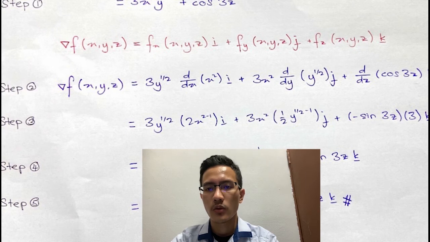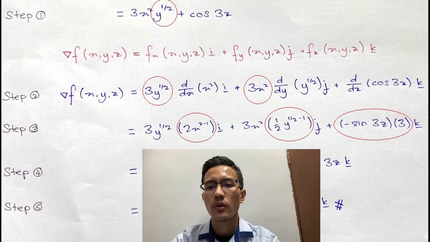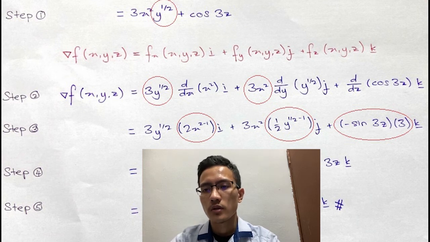In step 3, I will show how to differentiate the x, y, and z variables. For the x variable, after we differentiate it, it will become 2x to the power of 2 minus 1, for the y variable, it will become 1 over 2 y to the power of 1 over 2 minus 1, and for the z variable, it will become minus sine 3z times 3.